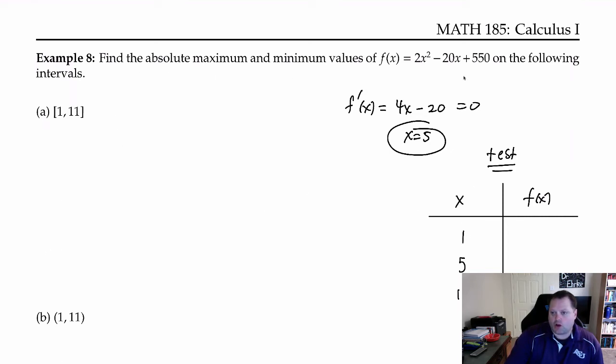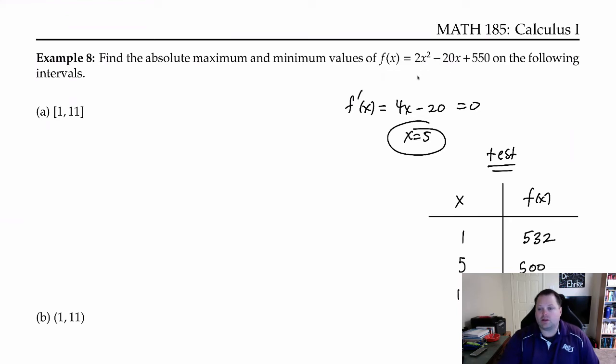Starting with 1, if you plug 1 into the function, you get 2 minus 20 is negative 18, so that would be 532. If you plug 5 into the function, 5 squared is 25, 50, 50 minus 100 would be negative 50, so you'd have 500.